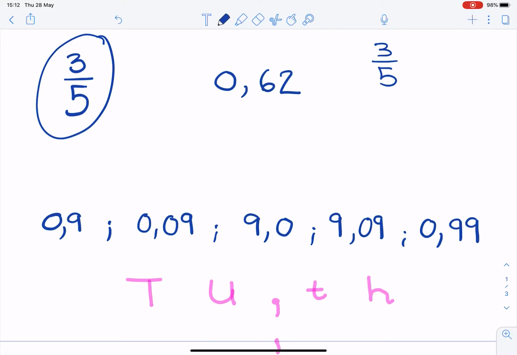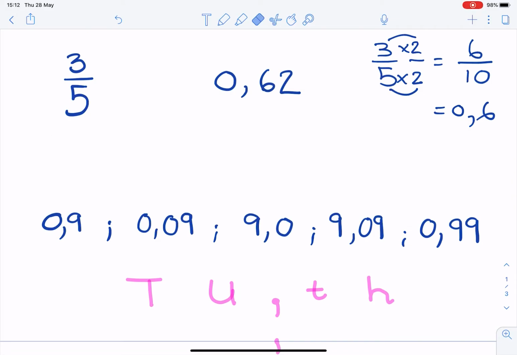I need to have a 10 or 100 at the bottom so that they can fit into the columns. 5 times 2 is 10, and what I do to the bottom, I must do to the top. 5 times 2 is 10, 3 times 2 is 6, and 6/10 is the same as 0,6. So 3/5 is the same as 0,6, and 0,6 is smaller than 0,62.